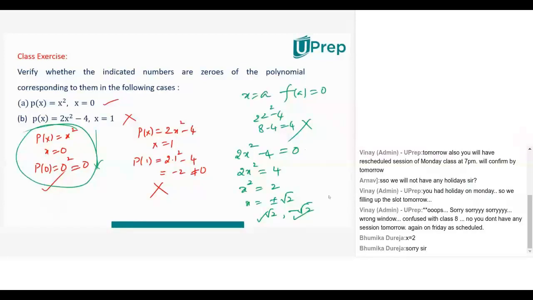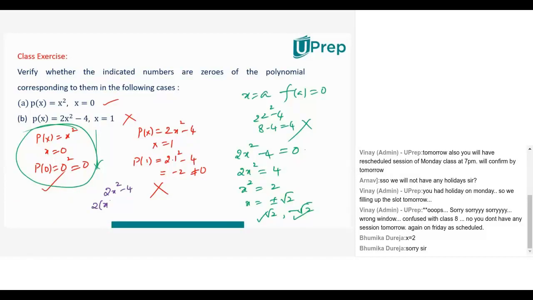Correct, Bhumika? Sir, how can we do it using the factorization method? We'll come back. This also we can do by factorization. Why not? If I want to do this by factorization, 2x square minus 4, I'll take out 2 common first because 2 is a constant common in both.